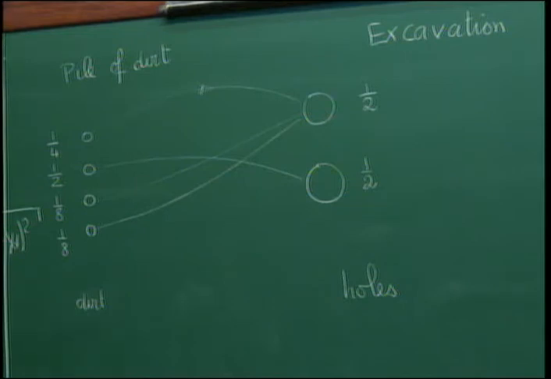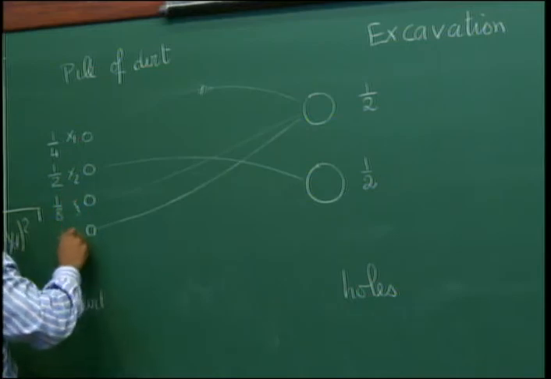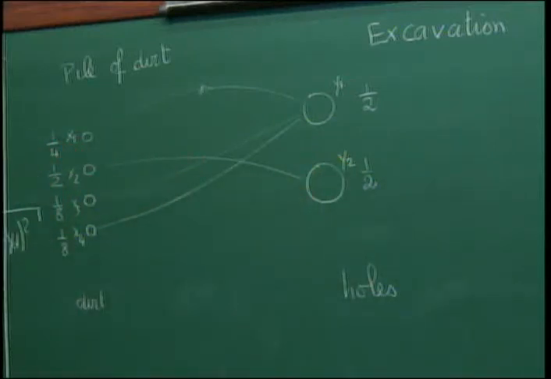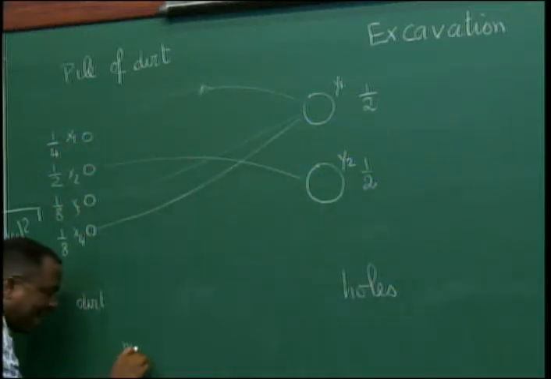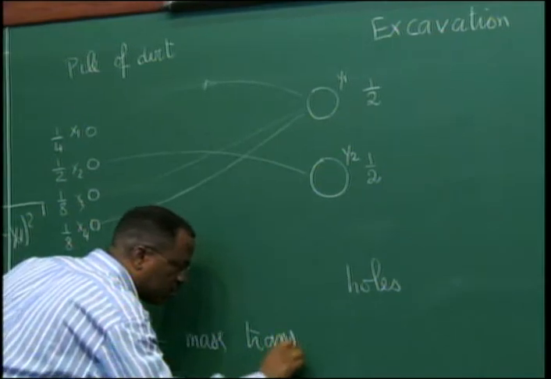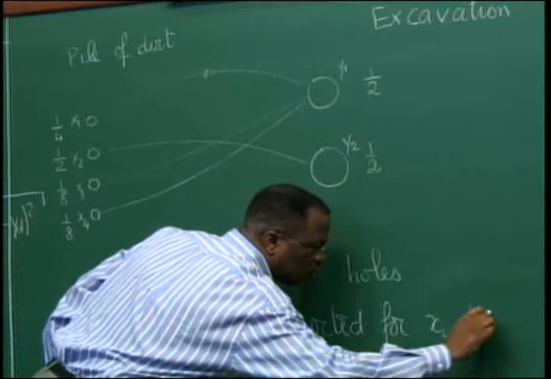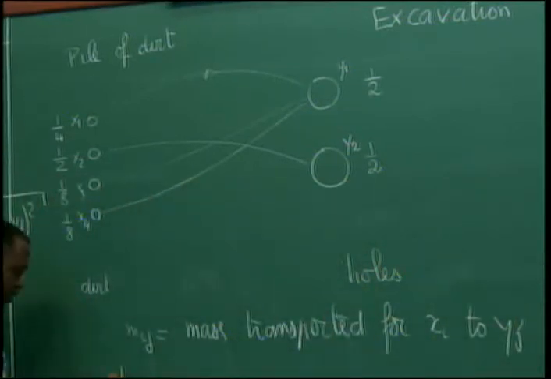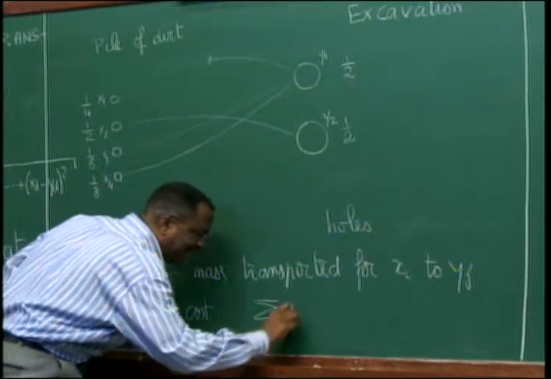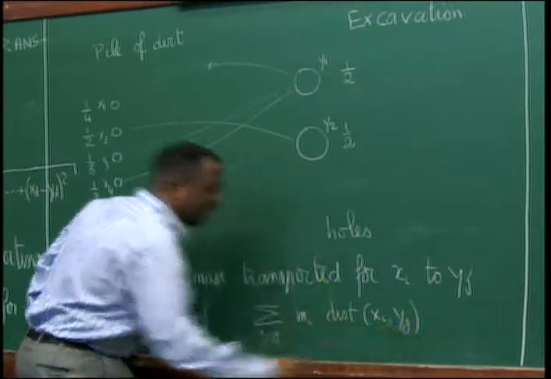And so given this strategy, if I call these x1, x2, x3, x4, y1, y2, and if I call m_ij the mass transported from x_i to y_j, then the total cost will be the sum over i, j of m_ij times the distance between x_i and y_j.